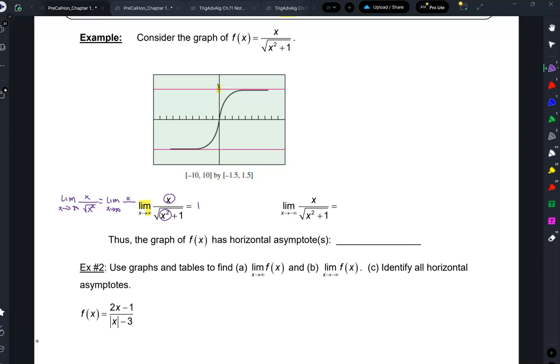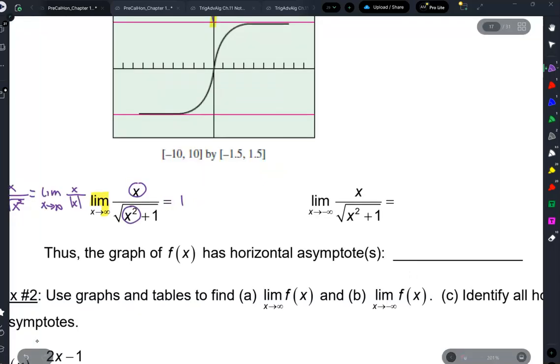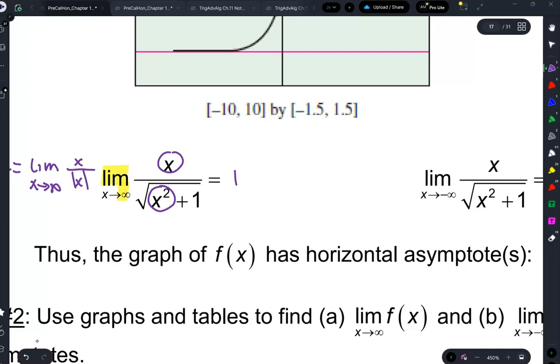Like whatever comes out of here has to be positive, right? So it would be absolute value x, and then for positive x values, what would that equal? So if x was like 5, what would that equal? This says at infinity, but let's test if x equals like 5, what would that equal? 1, right? That's why the limit as x approaches infinity is 1.